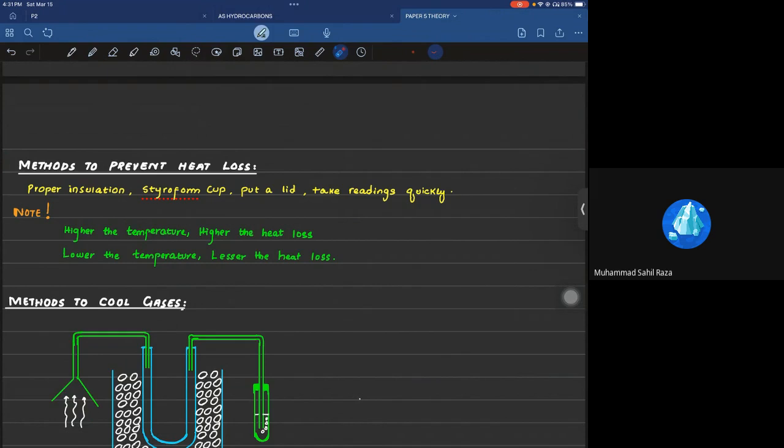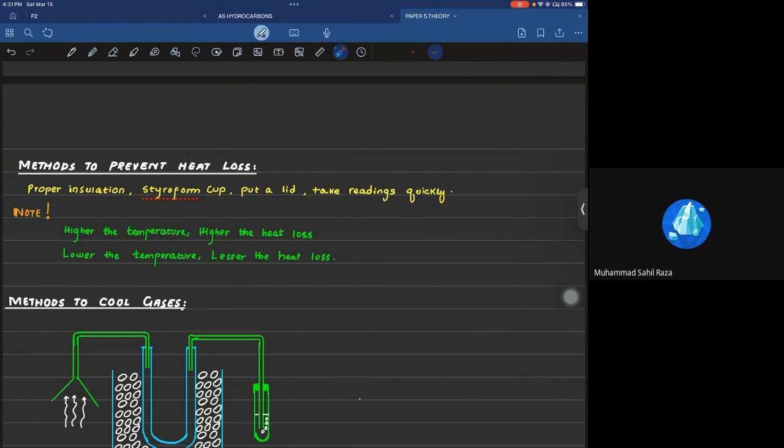Then, of course, how to prevent heat loss? Let's suppose I'm going to provide heating to any reaction, to any chemical. After providing heat, we are supposed to measure the enthalpy change.